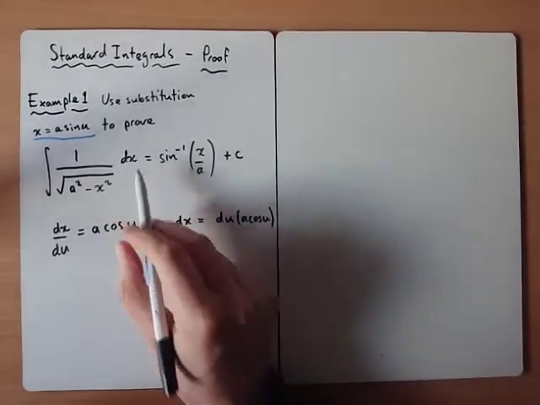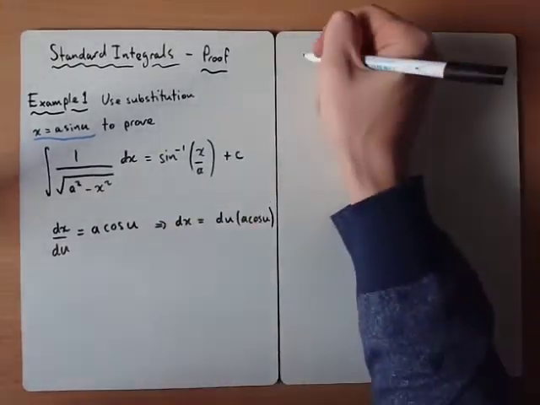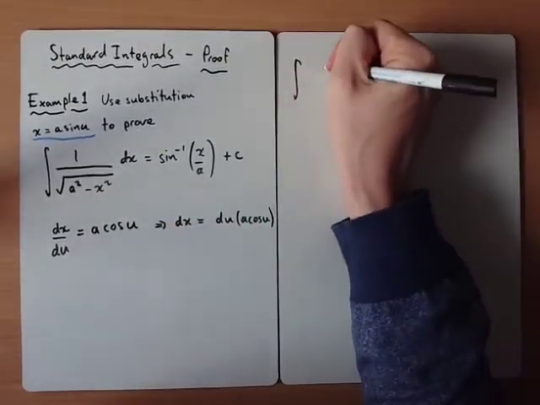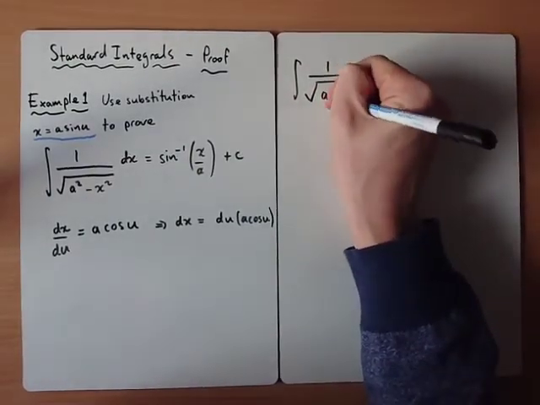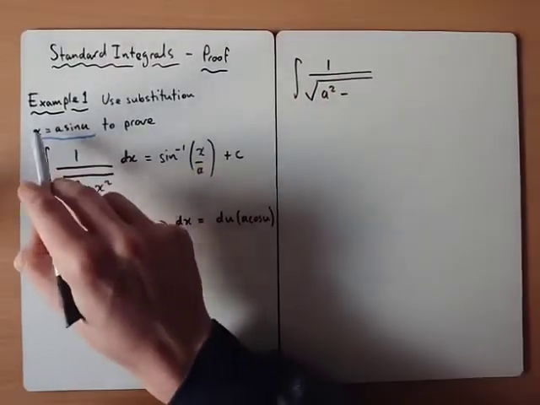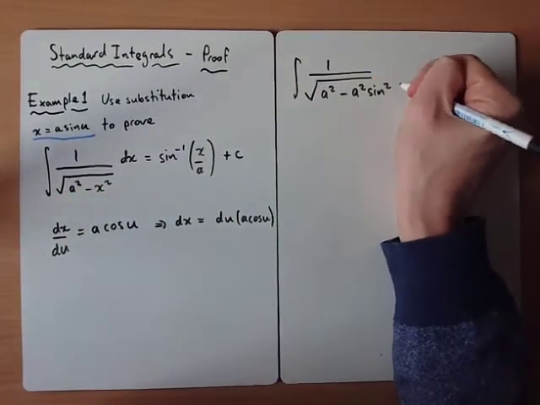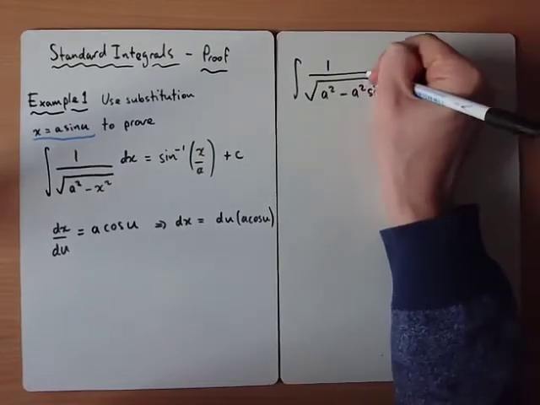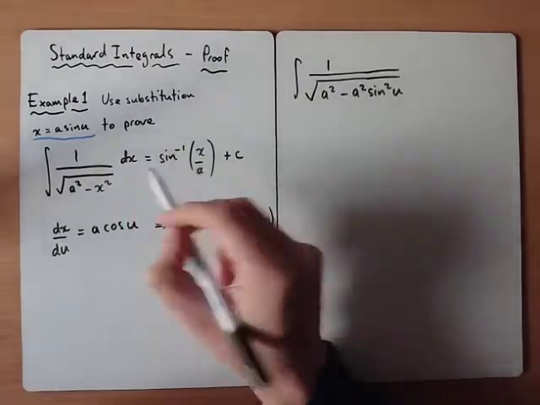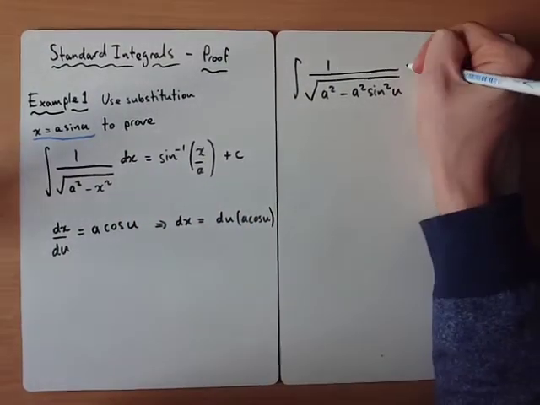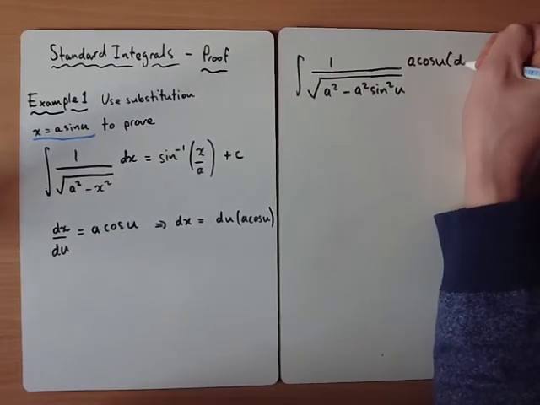So we're going to replace this dx with a cos u times du. Looking inside the integral, we've got 1 over the square root of a squared minus x squared. So x squared would be a squared sine squared. And if I square this, I get a squared and I get sine squared. dx is a cos u times du.